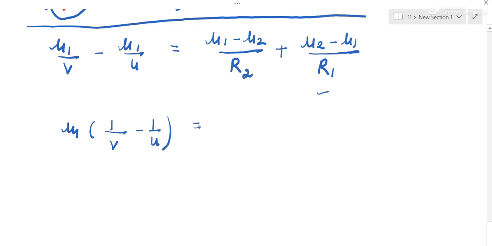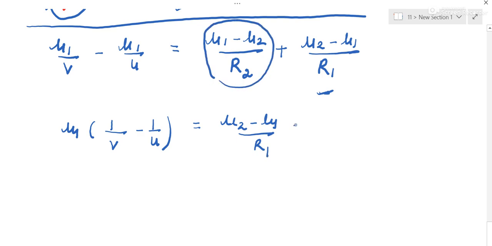And here we have, we will keep the R1 term first, mu2 minus mu1 by R1. This term I am keeping later, but negative sign I am taking common, so it will also turn into mu2 minus mu1 by R2.